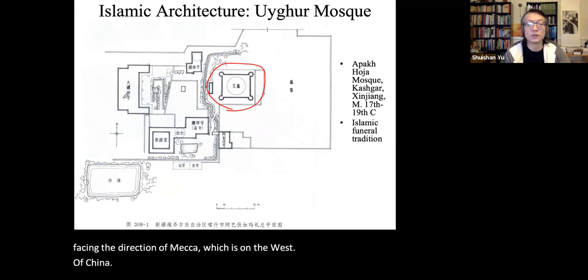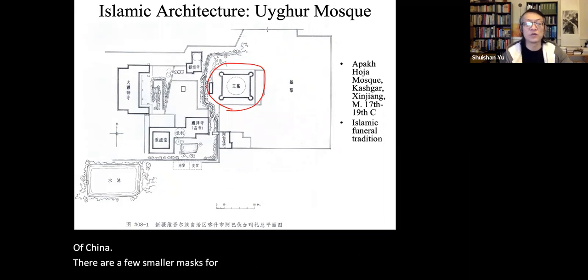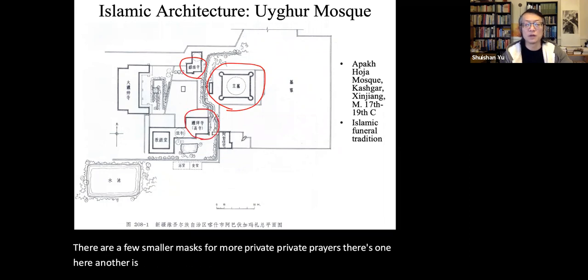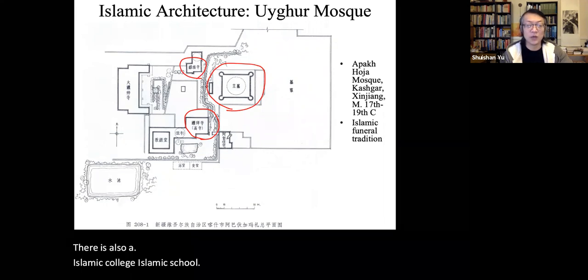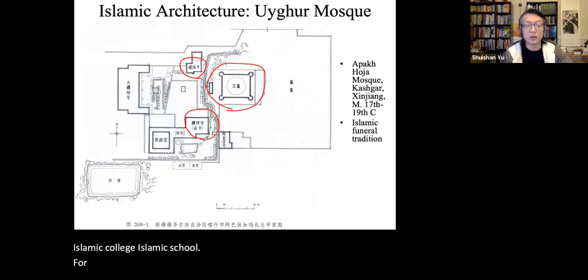There are a few smaller mosques for more private prayers. There's one here, another is here. There is also an Islamic college, Islamic school for education called Madrasa, and that is here, right?